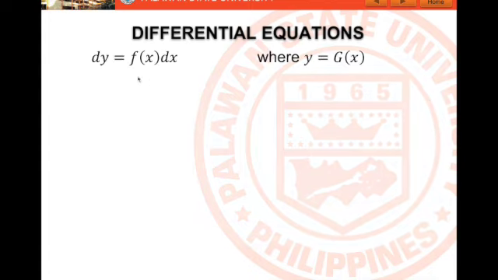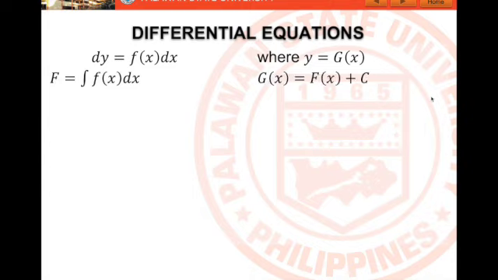Alright, so we have the earlier illustration. dy is equal to a function of x dx. Here we put y equal to g of x, another function. So the function f is equal to the antiderivative of f of x dx.